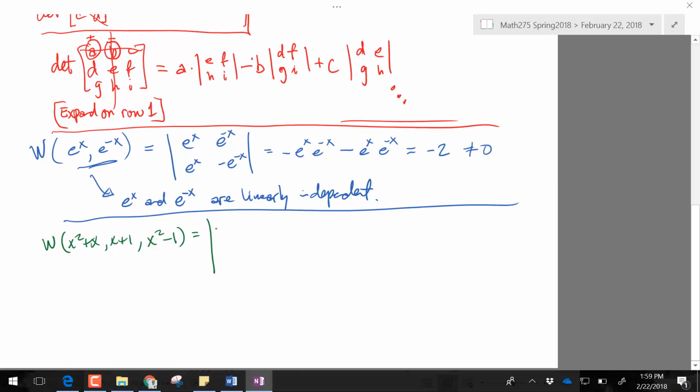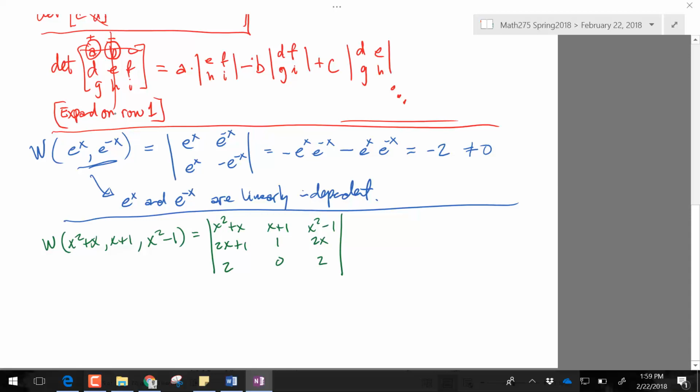We're going to lay out all the functions in the top row: x squared plus x plus 1, x squared minus 1. And then let's take the derivatives: 2x plus 1, 1, 2x. And then one more: 2, 0, 2.